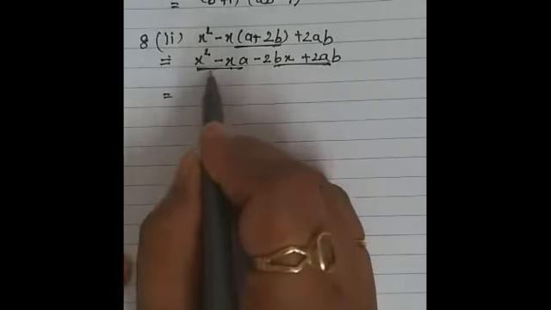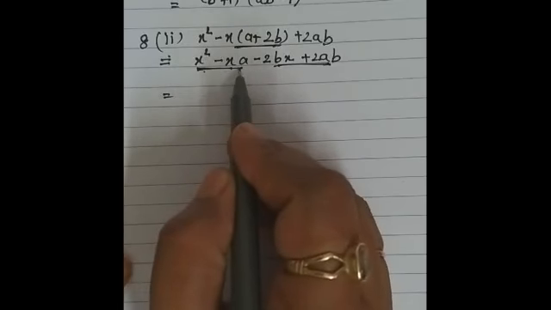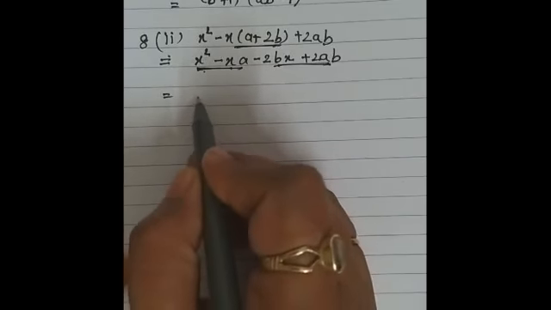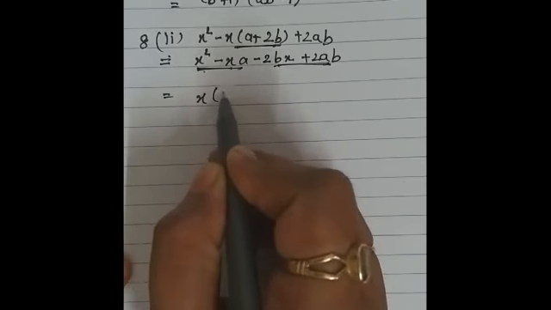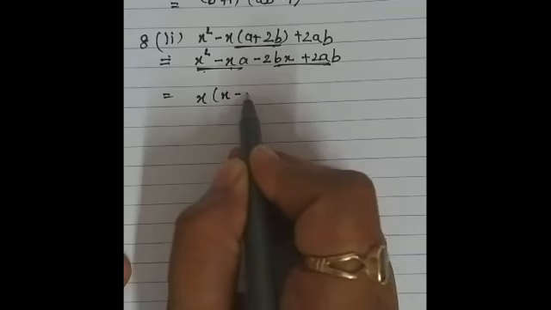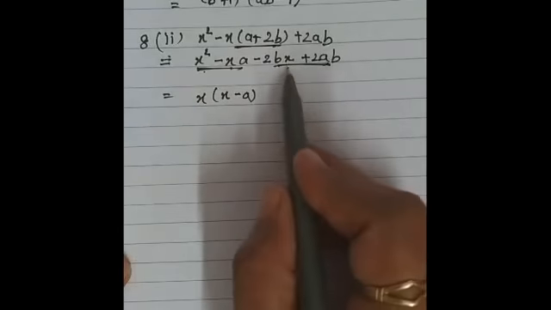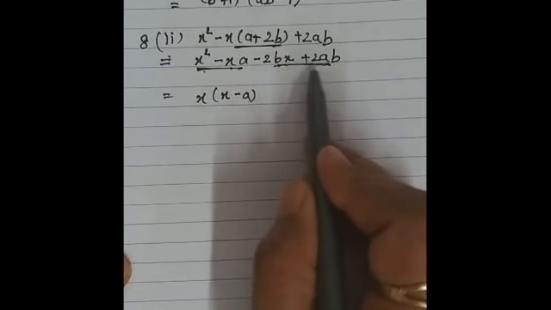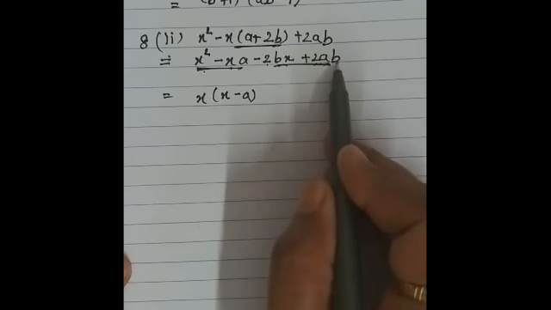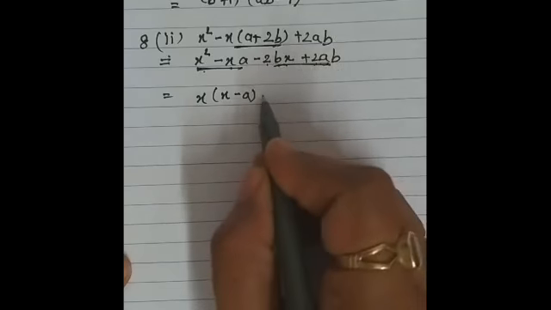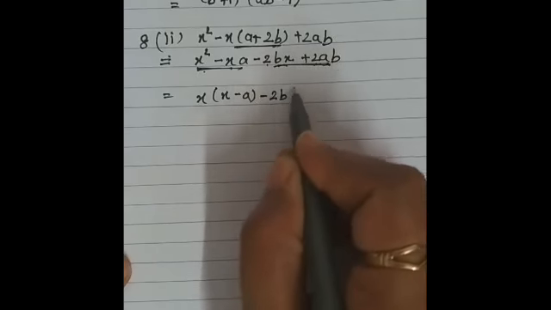From this first group, what is common? I can see x is common, so I'll take x common. What is left is x minus a. Now in this second group I can see 2 common, I can see b also as common, so I'll take minus 2b as common.